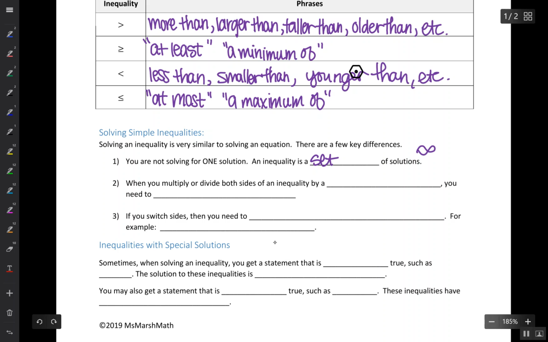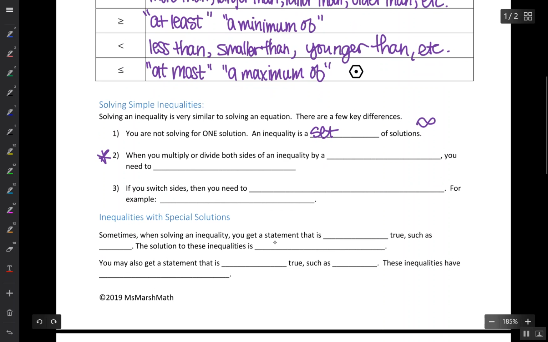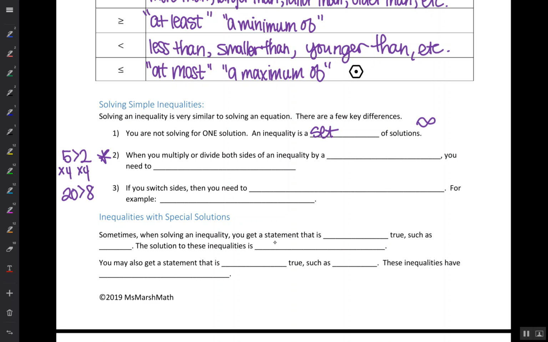Okay, the second one is really important, and let me give you a demonstration for what's going to happen. So let's say we have 5 is greater than 2. That's true, right? 5 is greater than 2. What if I multiplied both sides by, I don't know, 4? I would get 20 is greater than 8. Is this still true? Yes, 20 is greater than 8.